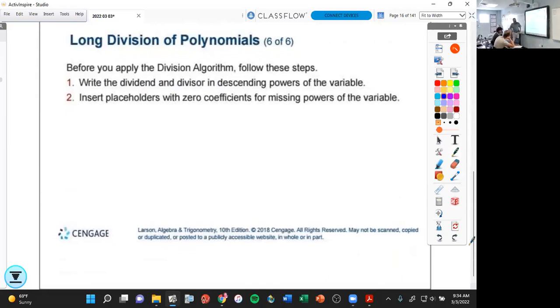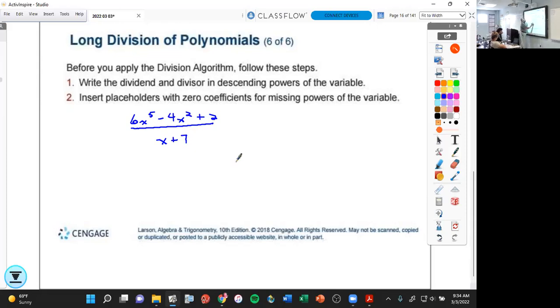It's a good practice. For instance, if I was taking 6x to the 5th minus 4x squared plus 2, and I wanted to divide that by x plus 7, I'm writing out what number 2 is actually saying. It's a good practice, and it's going to help you keep everything in line.